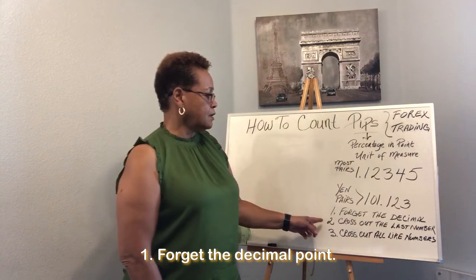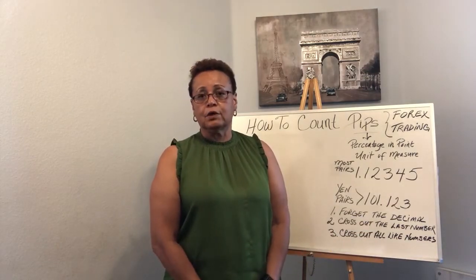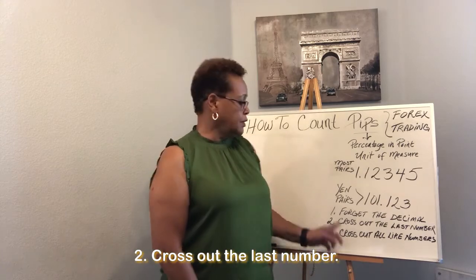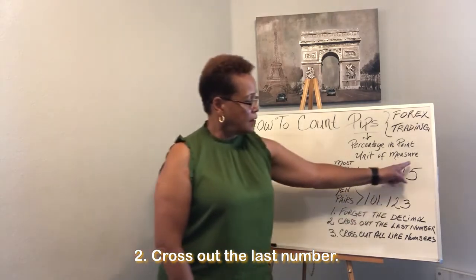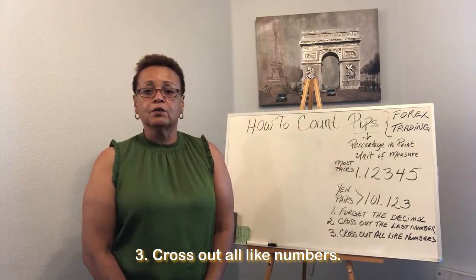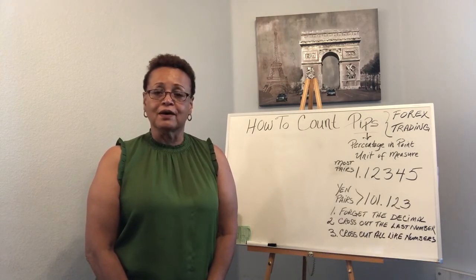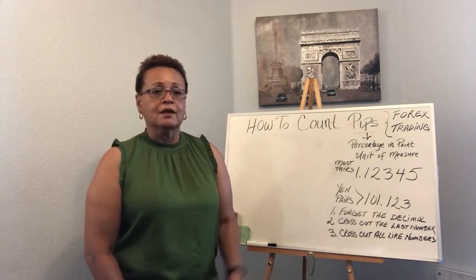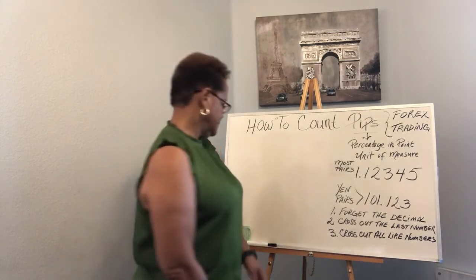Number 1, forget the decimal point when you're counting pips. You don't need it. Rule number 2, cross out the last number. And number 3, cross out all like numbers. Now let me demonstrate what I'm talking about.